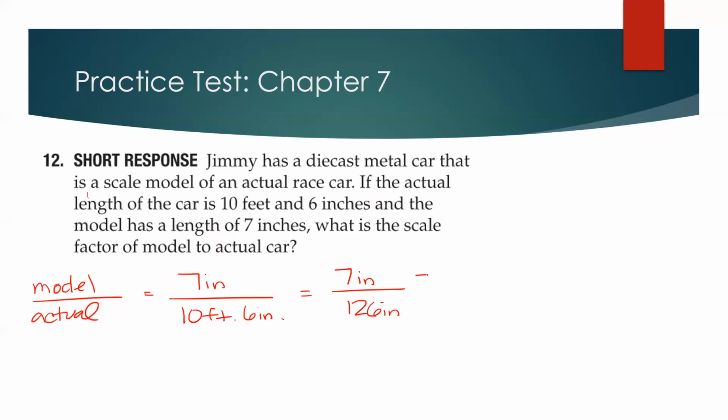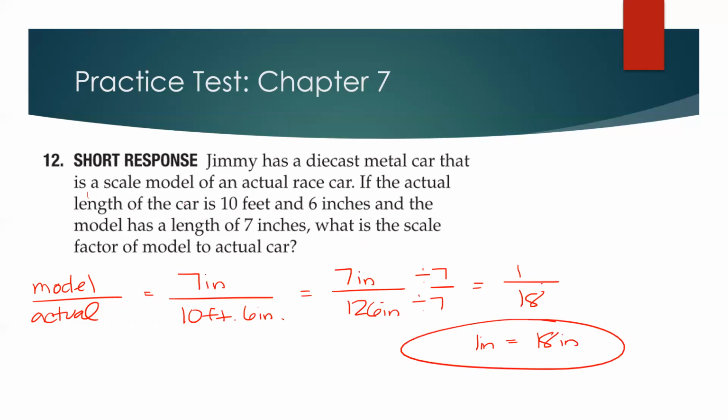And we can simplify this, both are divisible by 7, so 7 divided by 7 is 1, and 126 divided by 7 is 18. So 1 inch in the model is equal to 18 inches in the actual size of the car. Okay.